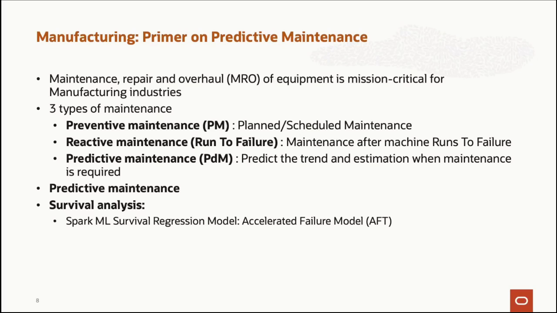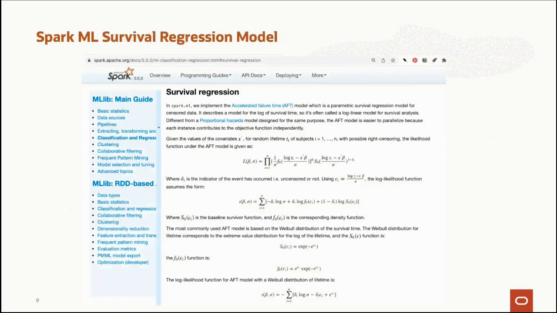We'll be using the power of Spark to do machine learning, a survival regression model, to conduct that survival analysis. We'll be using a specific technique called the accelerated failure time model, or AFT model.